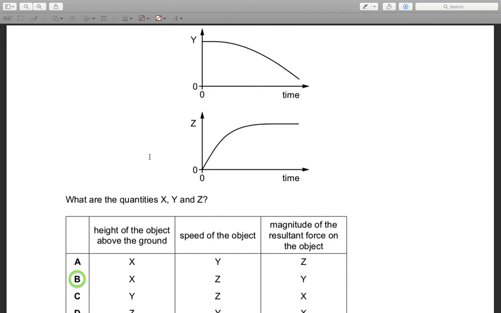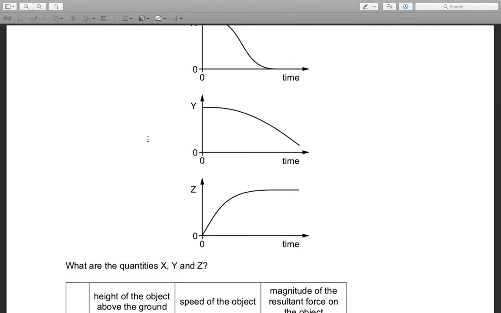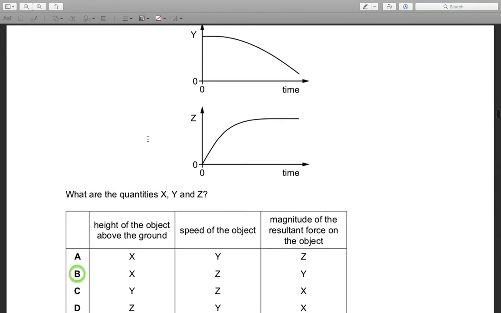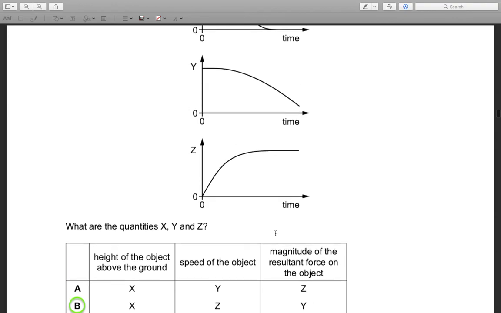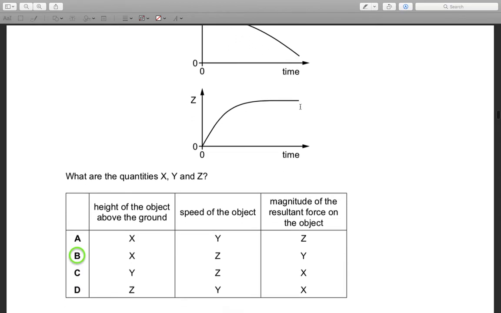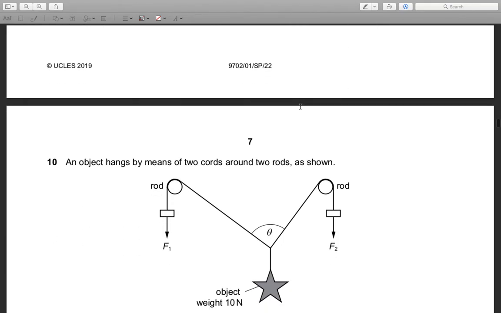The speed of the object will increase until it hits the ground, so Z is where the velocity is going up to the maximum point. And of course the magnitude of the resultant force on the object is Y, because the resultant is going down until it hits the ground, to the minimum value. So we get the answer is B.